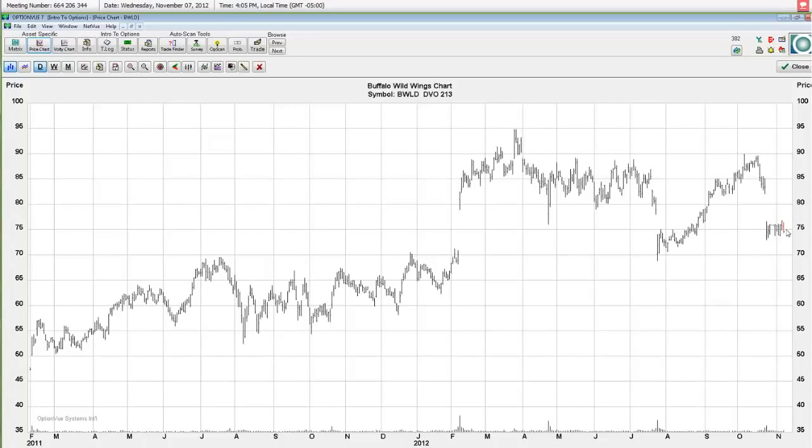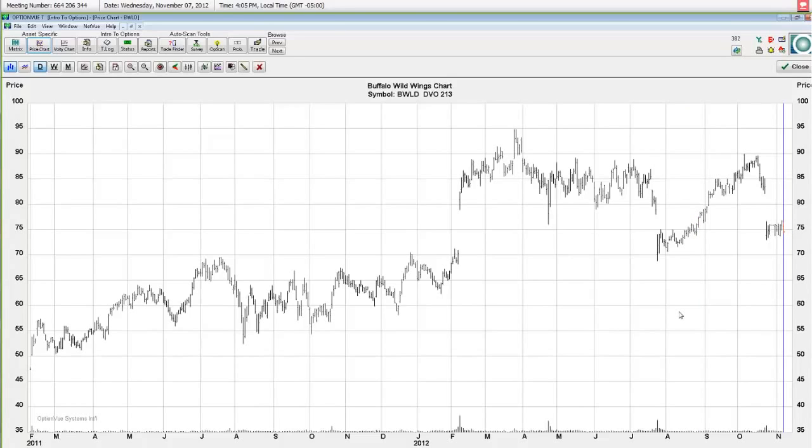Poof. Now we're back down to 75. You could have utilized options to protect you against that move down and not given up a lot of your gains. But had you done nothing, you were up about $5,000, and now all of a sudden you're in a loss.